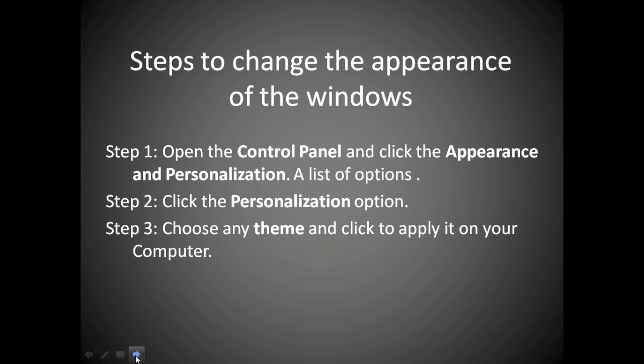Lots of themes are available with background, color, images, text, font size, font color also. You can choose any of the themes which you want to apply in your windows. When you do this much, you will find the look of your window has changed.